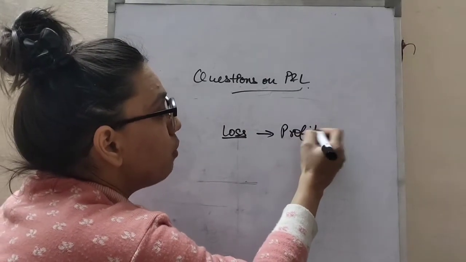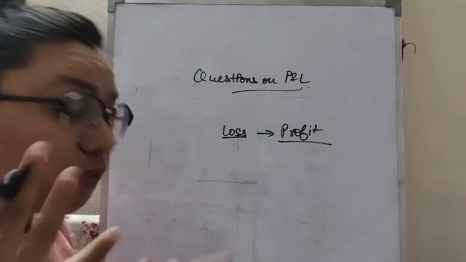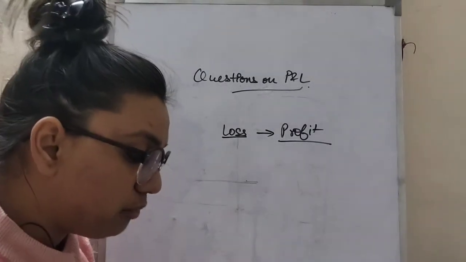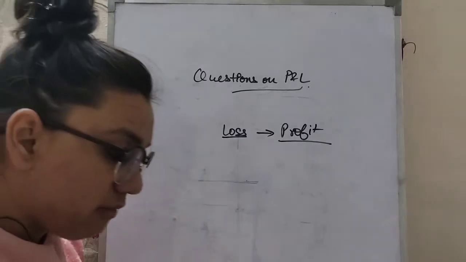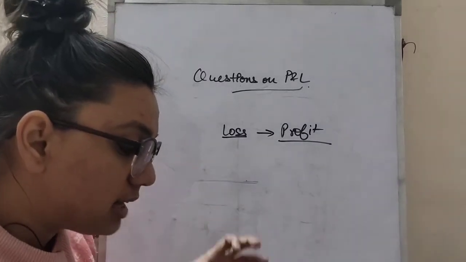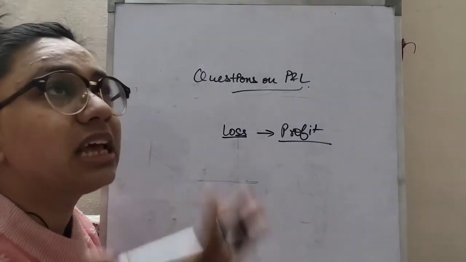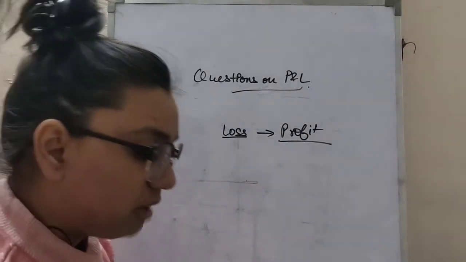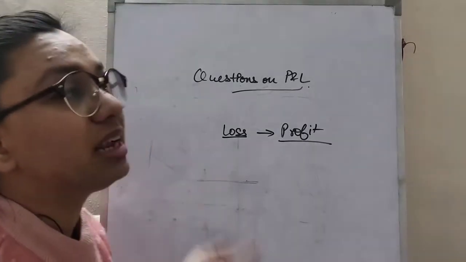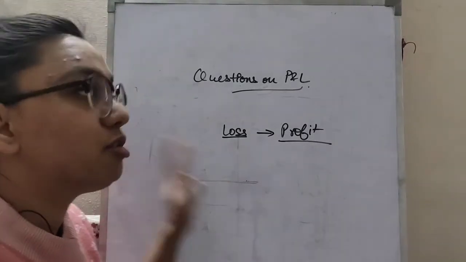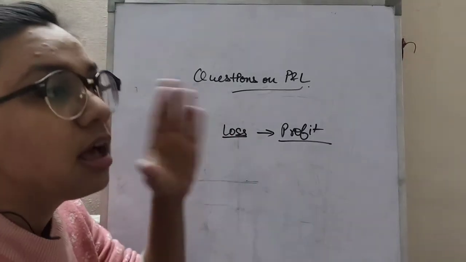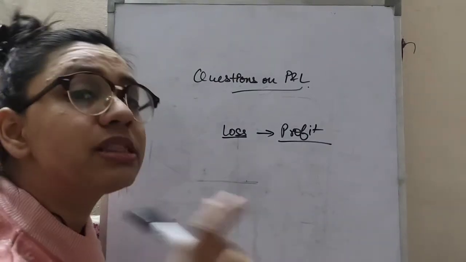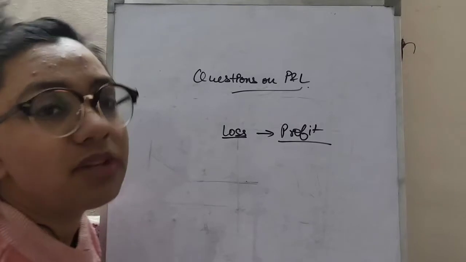Now in the next part, I will be explaining how to calculate a question wherein we need to calculate CP. I will do one question for CP and also explain the shortcut tricks. I will make you write the formula that you can use to calculate CP.